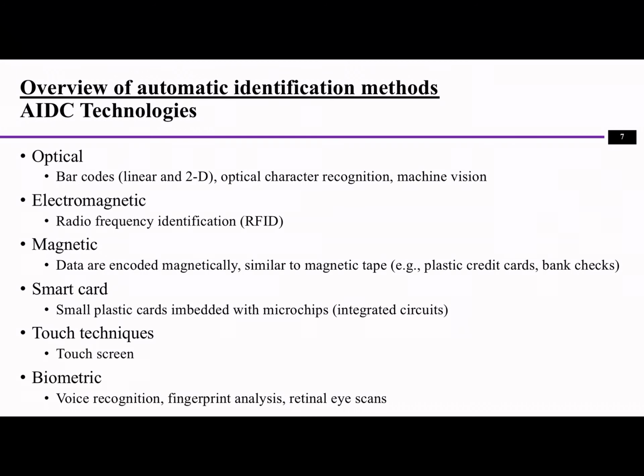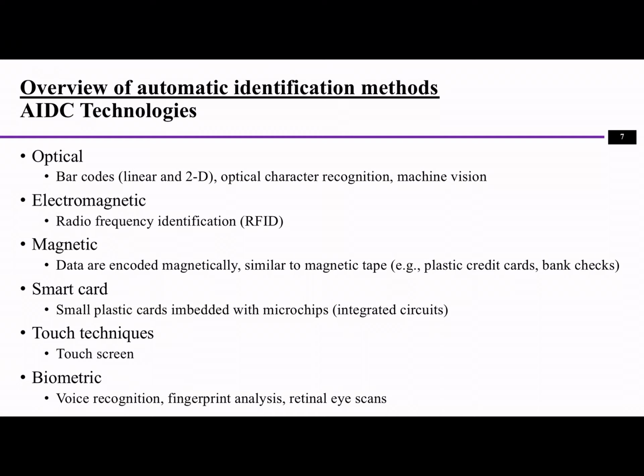And in terms of different technologies, we have optical ones, for example, the barcode and QR code, which have been widely used. There are also some electromagnetic technologies, for example, radio frequency identification, RFID, which is also a very common technology.